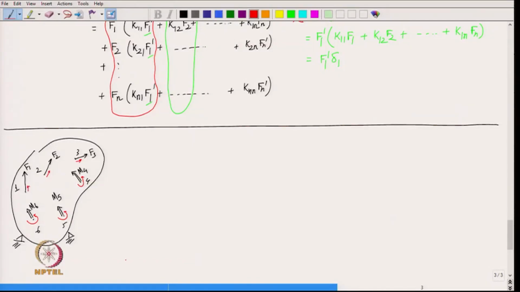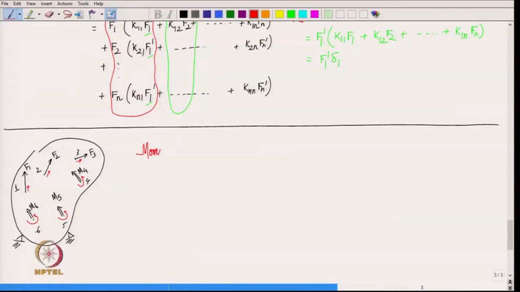So, moments would be like generalized forces and rotations, which let us say is theta, would act like generalized displacements.